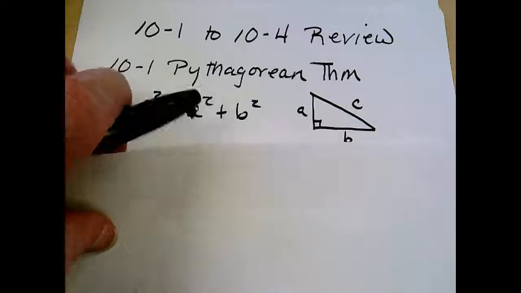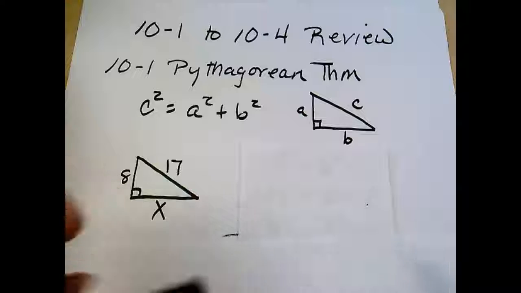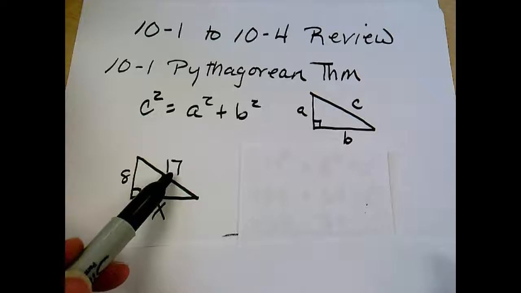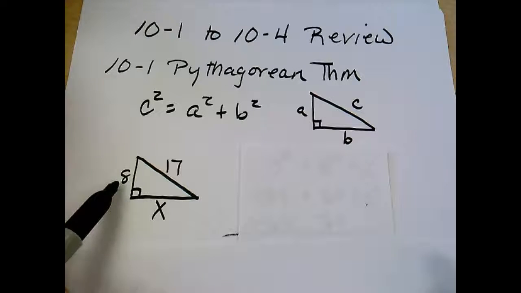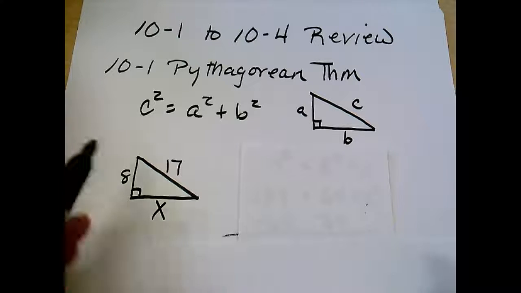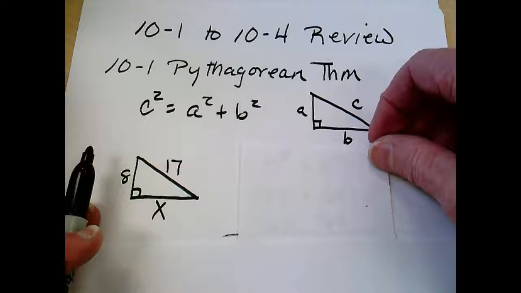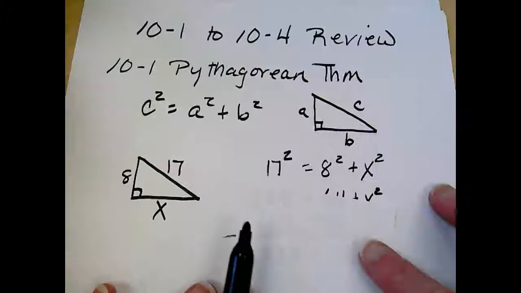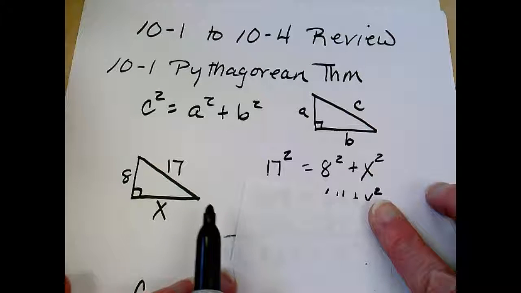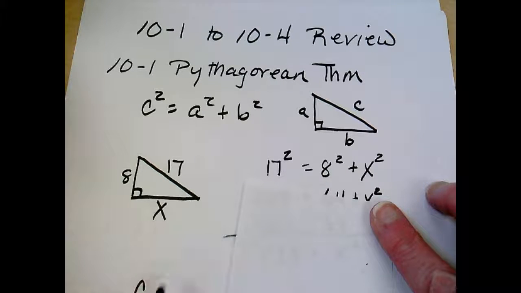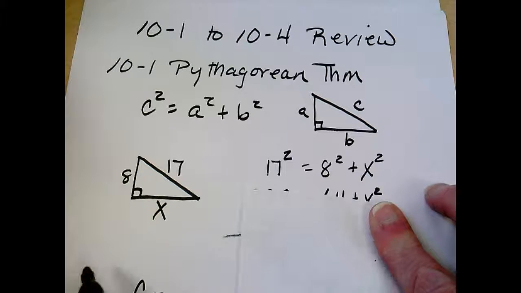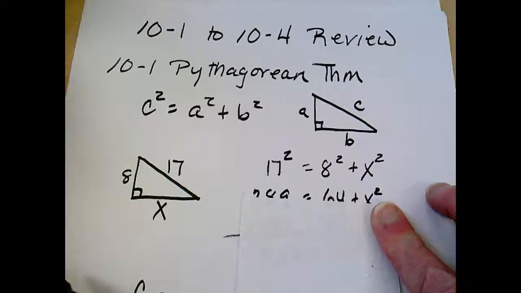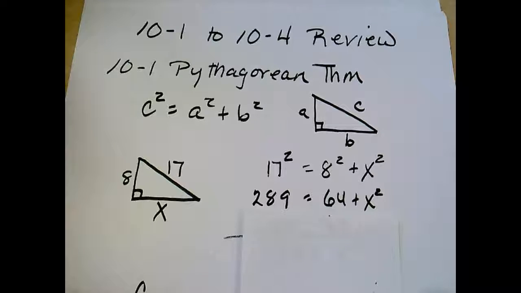So to use that, we will go through a triangle. Your hypotenuse is 17, the leg is 8, and the other leg is x. So you go 17 squared equals 8 squared plus x squared. 17 squared is 289. 8 squared is 64. X squared remains x squared.